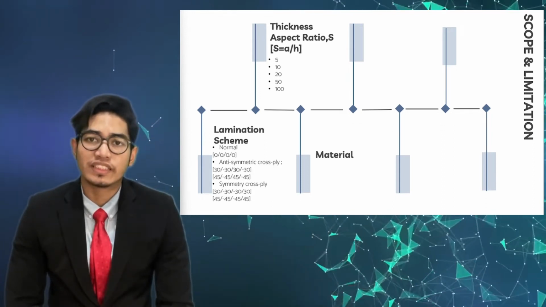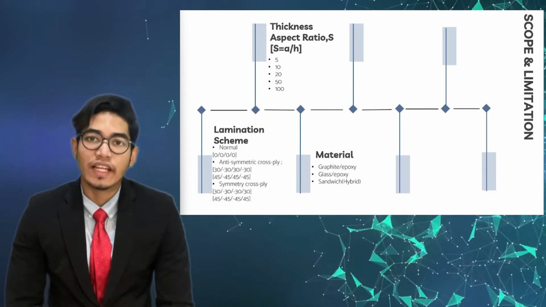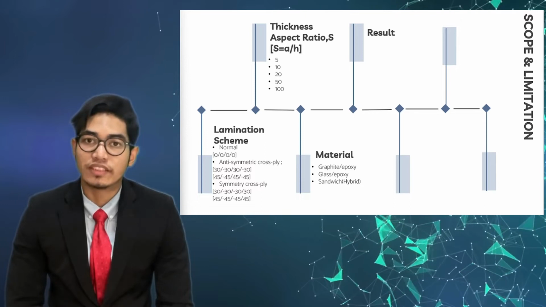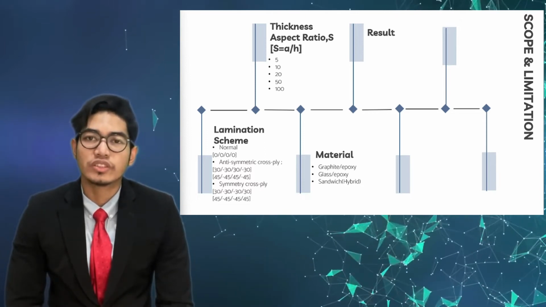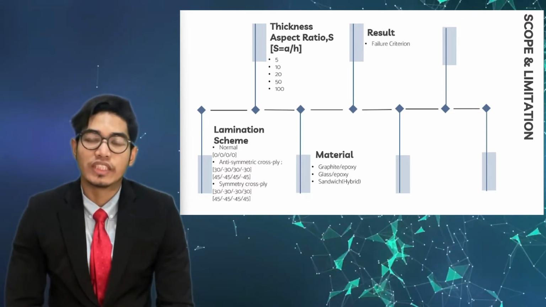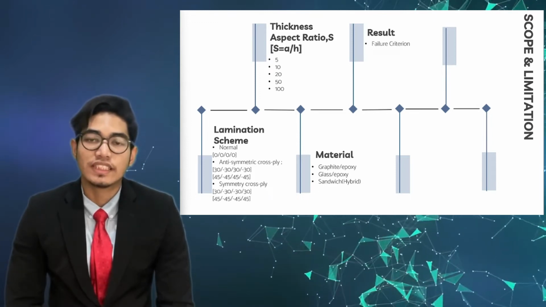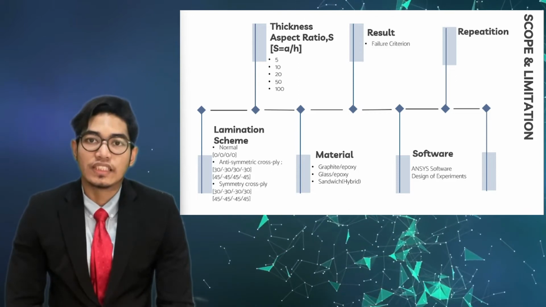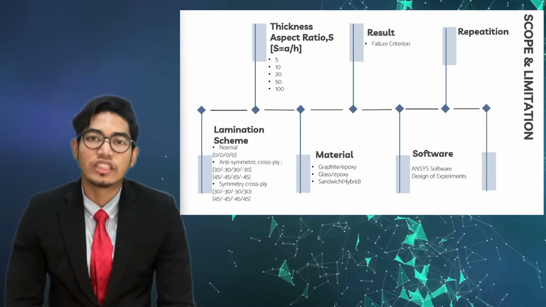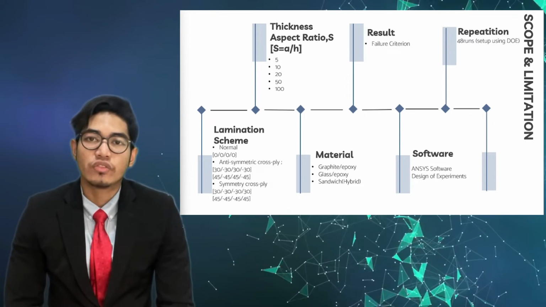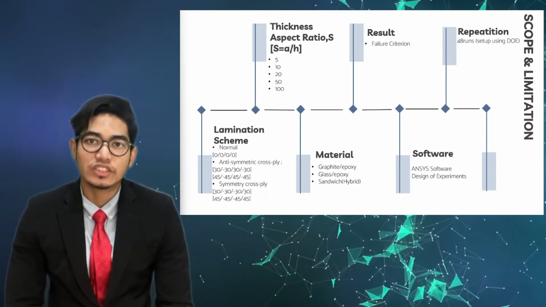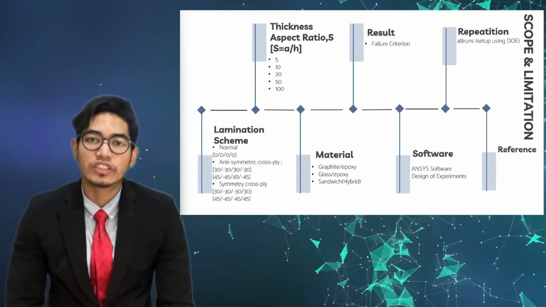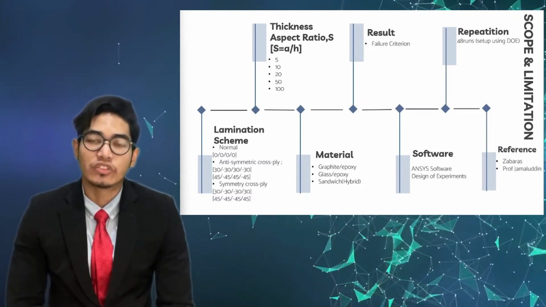The material is laminated graphite, glass, and hybrid, which is sandwich laminated, a combination of two materials. The result will be referred to when pressure is applied until the material fails. As mentioned, ANSYS and design of experiment will be used. As the setup of DOE, there will be 48 runs of simulation to achieve my FYP goal, and all the data will be referred to the Zabaras and Prof. Jamaluddin papers.